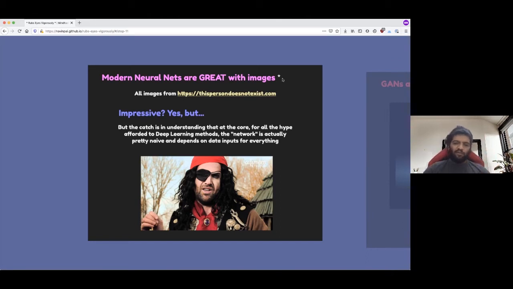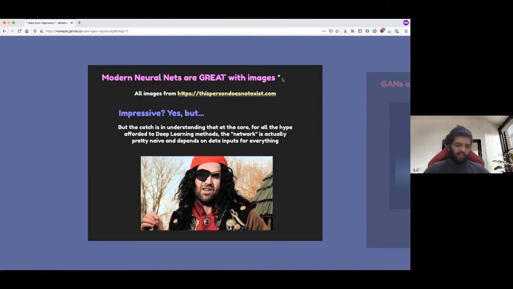For a neural net, it's not that simple, especially if it has been trained on a data set which is only made up of people, and all the people have 2 eyes, 1 nose, 1 mouth. Then what the neural net thinks is that a person has to have 2 eyes, otherwise it's not a person. Now, whether you think of it as a feature or a bug, that is up to your interpretation.